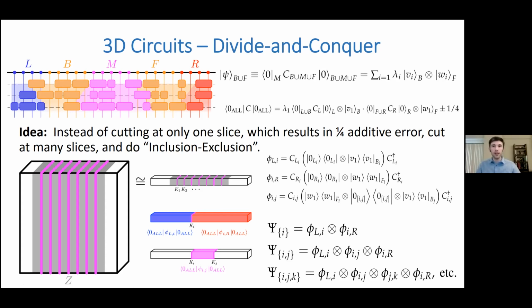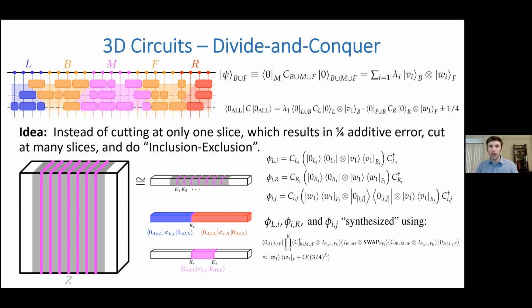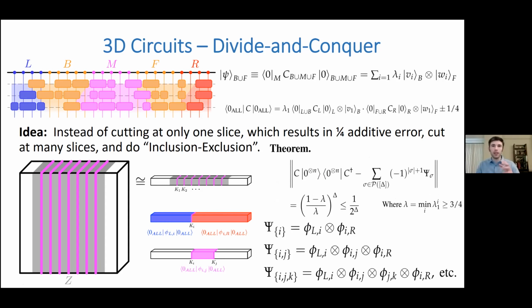And these circuits are about half the size of the original circuit. So that's the key: the original quantity can be re-expressed as the sum of using geometrically local quantum circuits acting on about half the number of qubits. And the error term is exponentially small in the number of cuts.